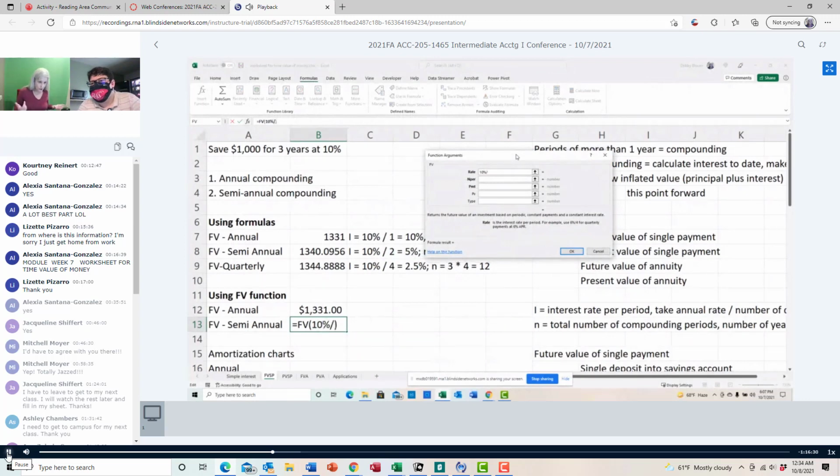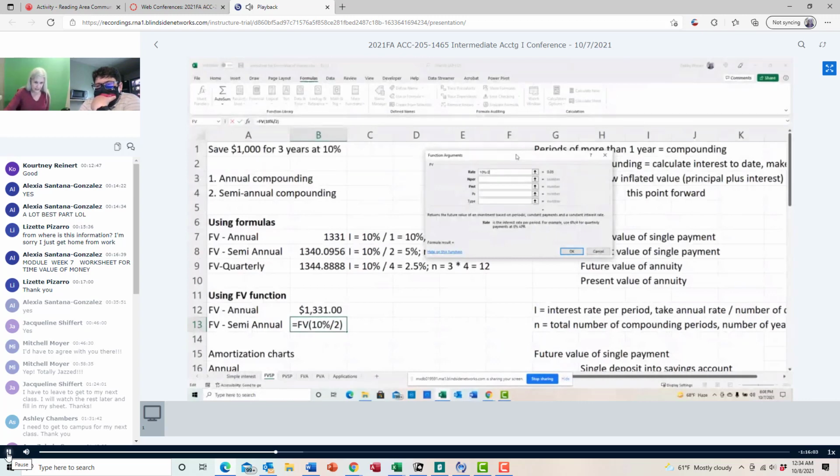I could calculate 10% divided by 2 in my head or in a calculator and then put the answer in there, but that's silly. Let the computer do it. In future applications, I'm going to use weird interest rates like 4.7 and 9.3. So what's 9.3% divided by 12? In Excel, it's 9.3% divided by 12, right? We don't have to worry about it anymore.